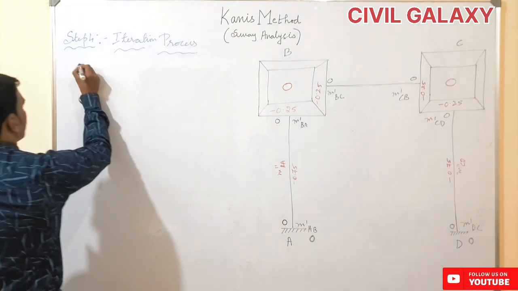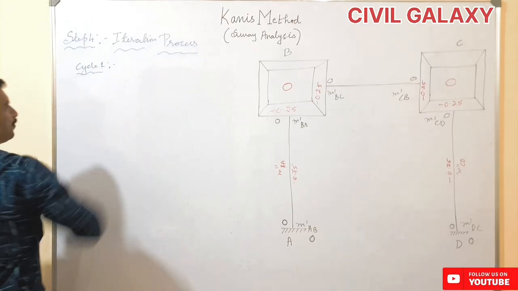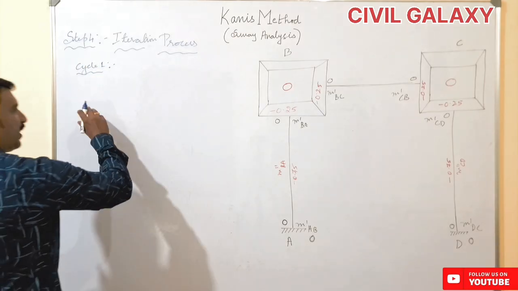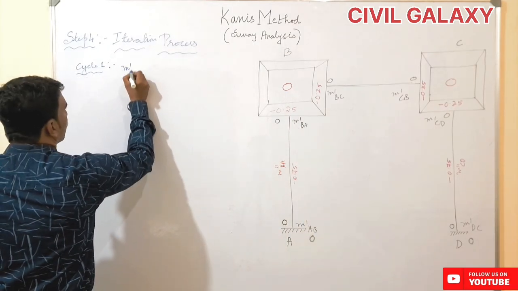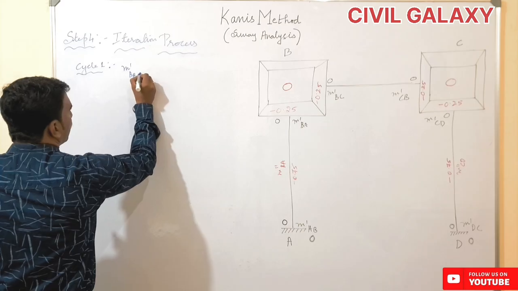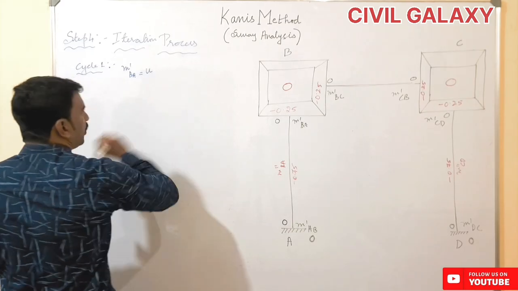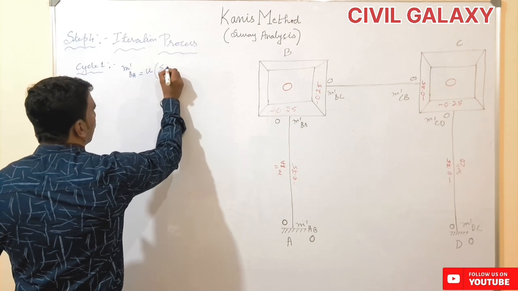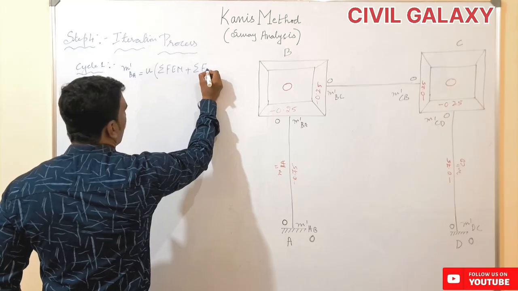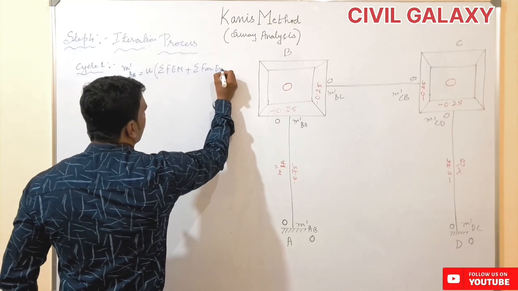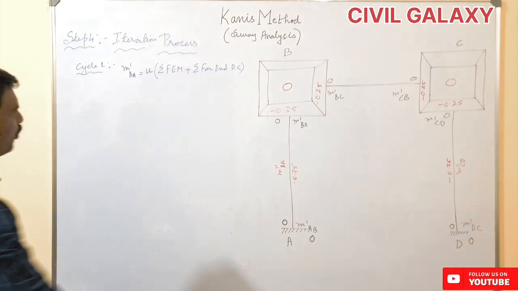So in the iteration process, if we go for the first cycle over here, we know that whenever we need to calculate the rotation contributions, m dash BA is equal to, we know the formula, that is U into summation of fixed end moment plus summation of far end rotation contributions. This is the formula to find out the rotation contributions.